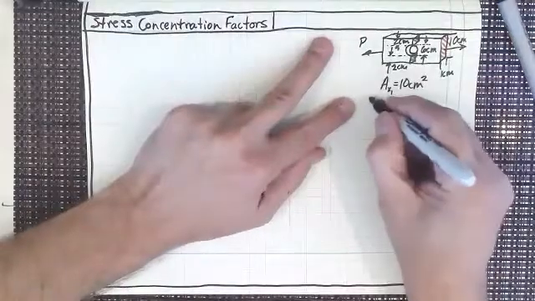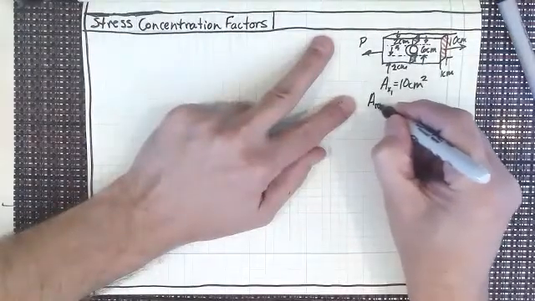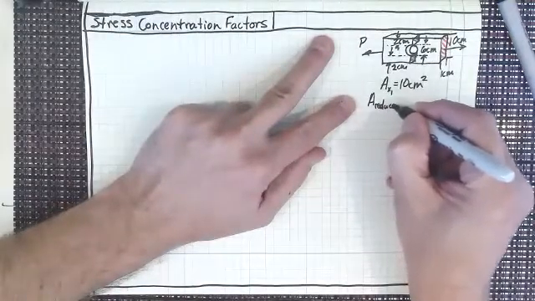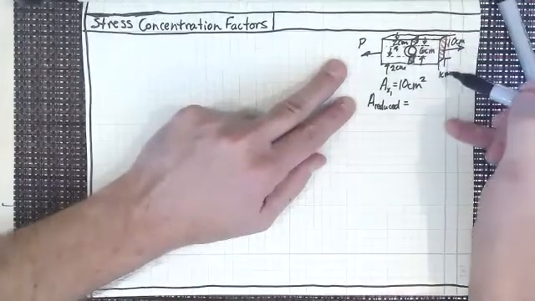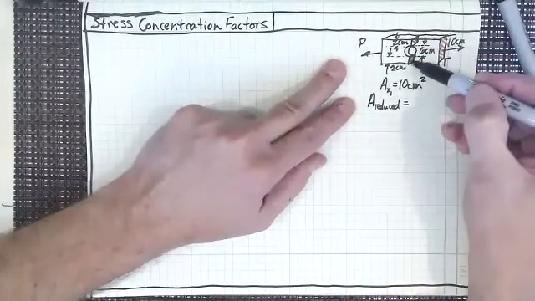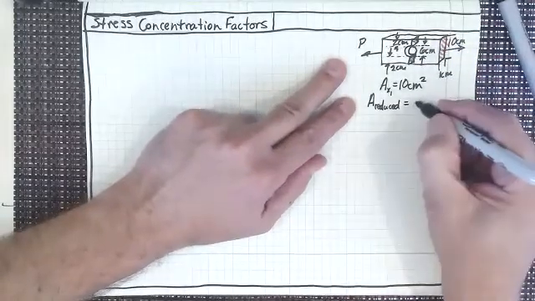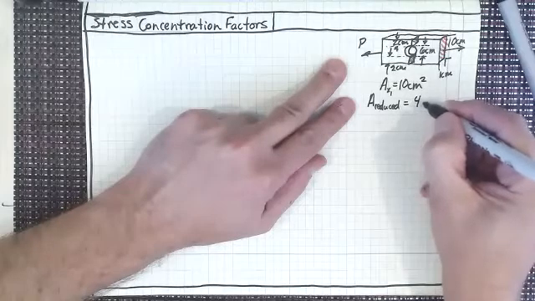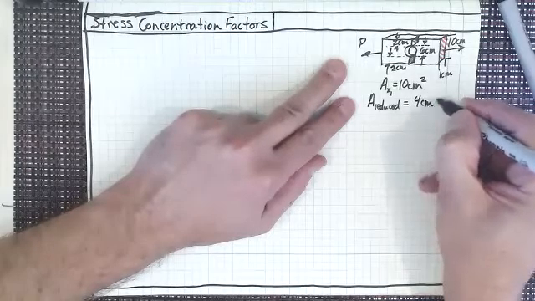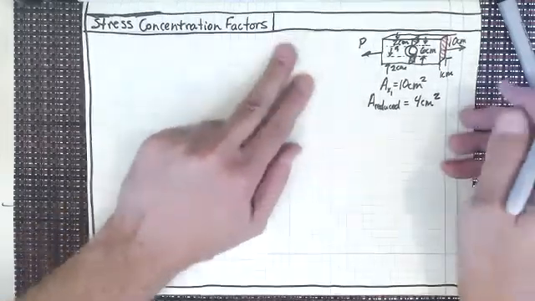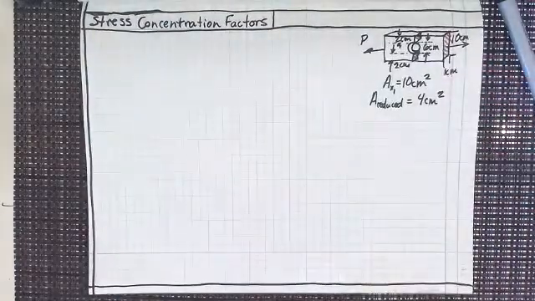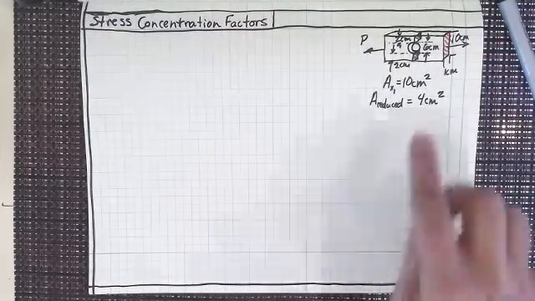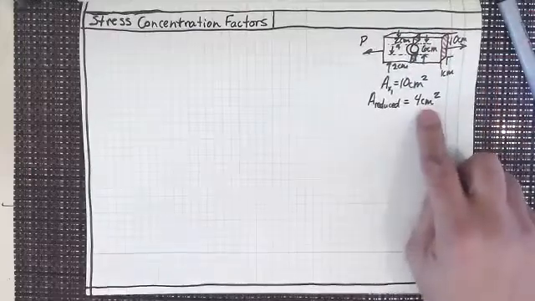So my reduced cross section is going to be 2 by 1 plus 2 by 1. So that's going to be 4 square centimeters, right? Does everybody see what we've got here? I'm just adding up those 2 different cross-sectional areas. So that's reduced.